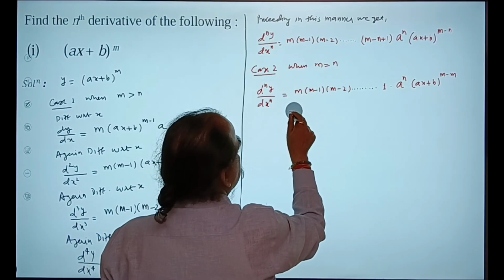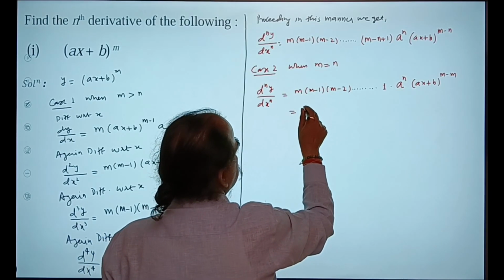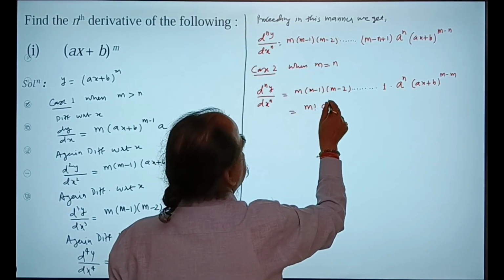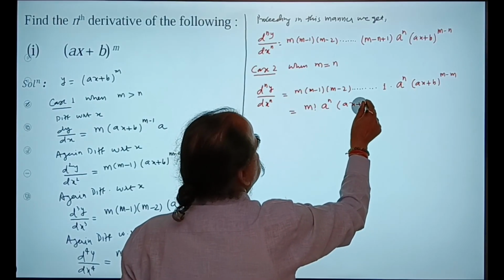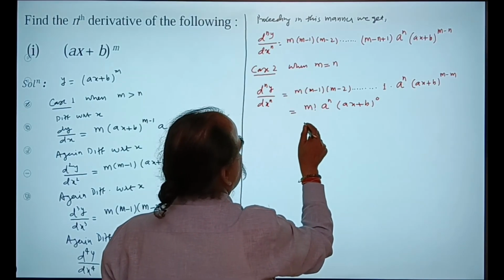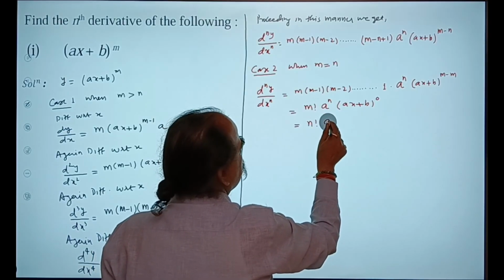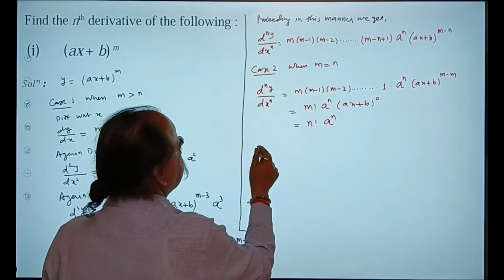This is m factorial, or you can say n factorial, a raised to n into (ax plus b) raised to 0. But m and n are equal, so n factorial into a raised to n.